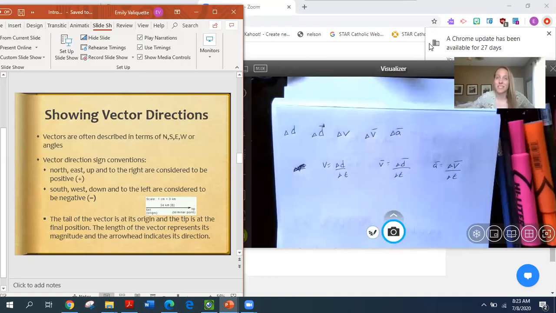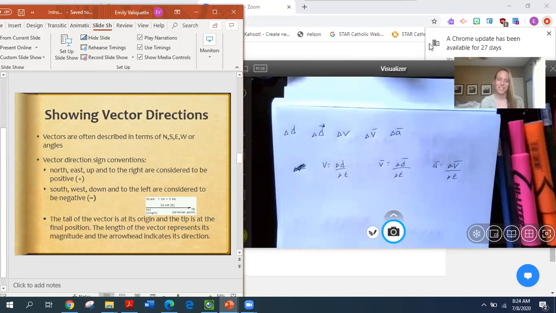We are this year mostly going to be using the compass directions, though if you take physics 20 and 30, you might use more angles. Also, usually north, east, up, and to the right are considered positive vector directions, while south, west, down, and left are considered negative vector directions.